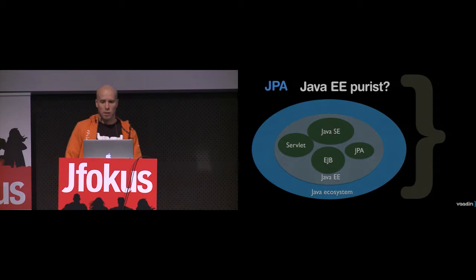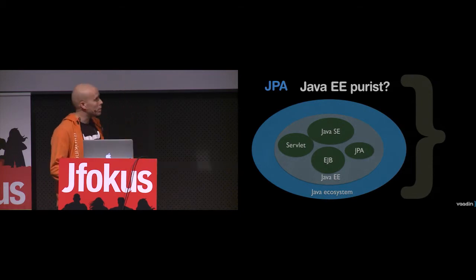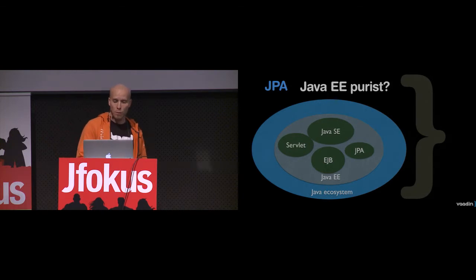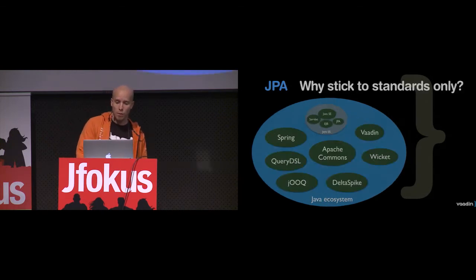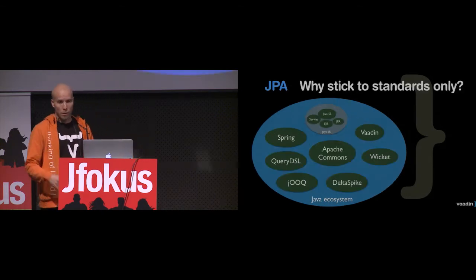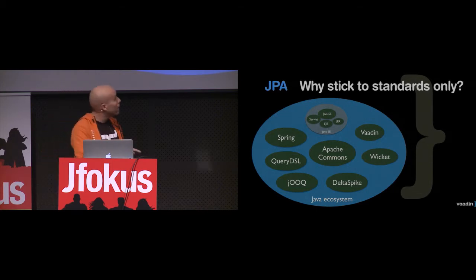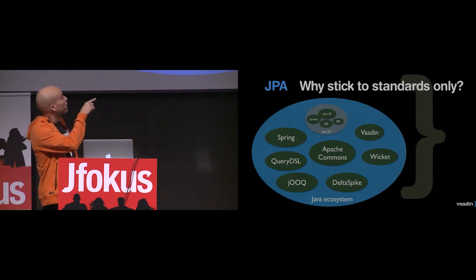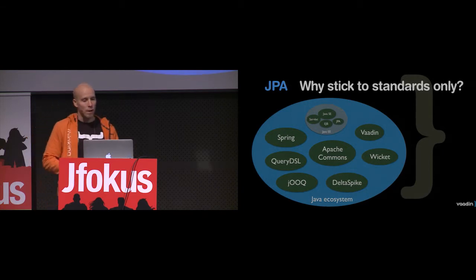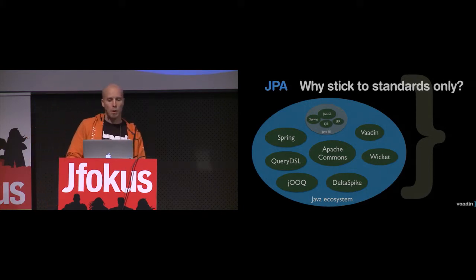So the question is, do you want to be a Java EE purist? Do you want to only use the raw APIs, or do you want to use, for example, JPA? I don't like JSF, I can say that aloud. I actually like Wicket, which is probably the closest competitor to Vaadin. I think they are much better solutions than anything from the actual Java EE specification for making web UIs.